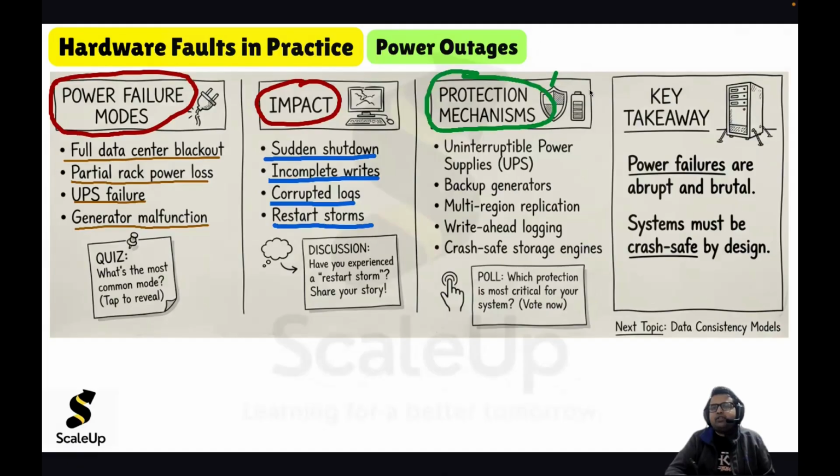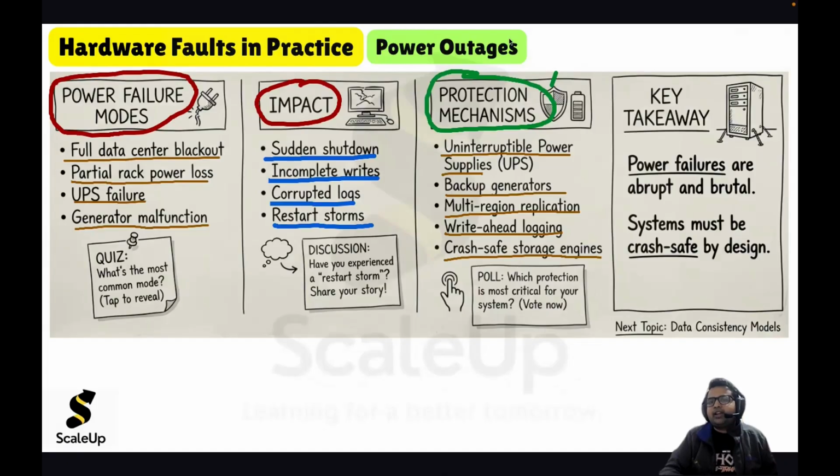Definitely we should have UPS, backup generators, and multi-region replication. Multi-region replication is very important so that if a power failure occurs in one region, we can use the replica of another region, so that the show must go on. Also write-ahead logging and crash-safe storage engines. These are the protection mechanisms to deal with power outages.